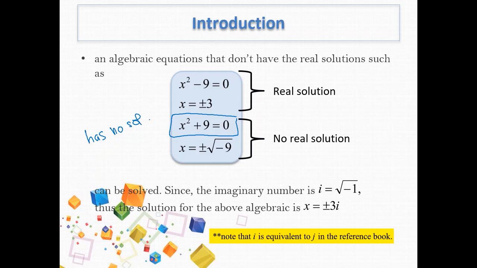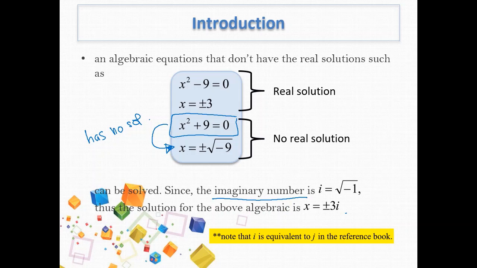But by using complex numbers, we can now solve this quadratic equation, where x is equal to plus minus the square root of negative 9. When we introduce the imaginary number i, which is equal to the square root of negative 1, this quadratic equation has the solution x equal to plus minus 3i.